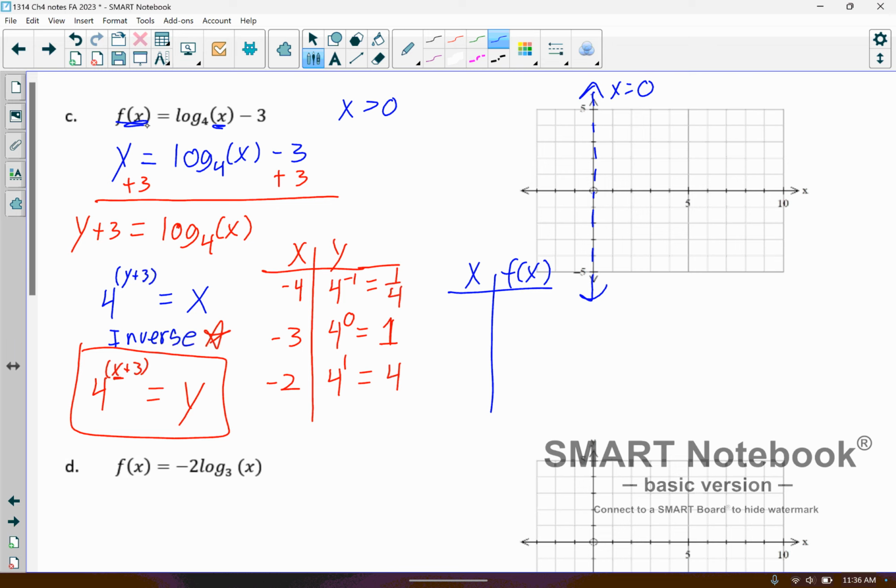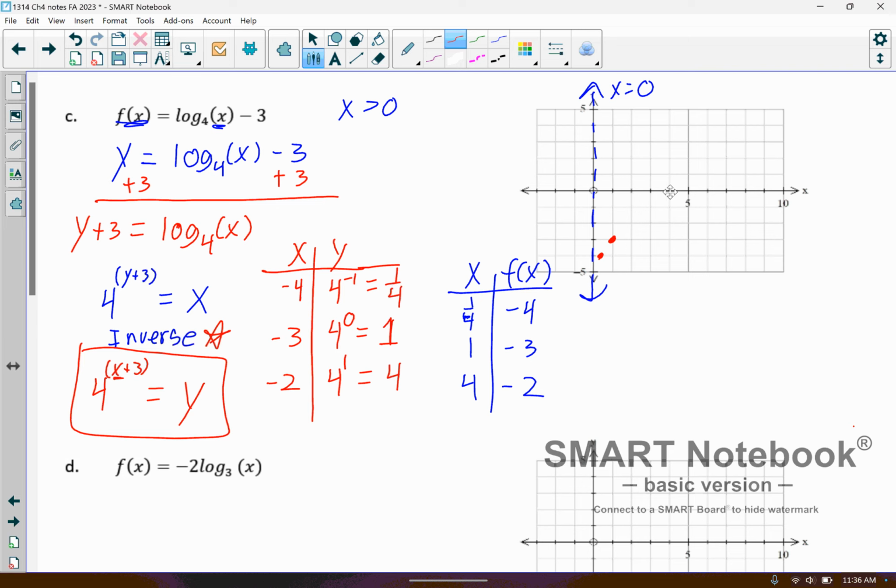Okay, so now we flip-flop them. So this becomes 1/4 is paired with negative 4, and 1 is paired with negative 3, and 4 with negative 2. And then we'll go ahead and plot that. So over 1/4 down 4, which put us about right there. Over 1 down 3, which would put us about right there.